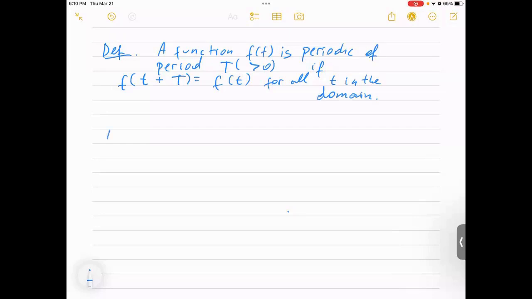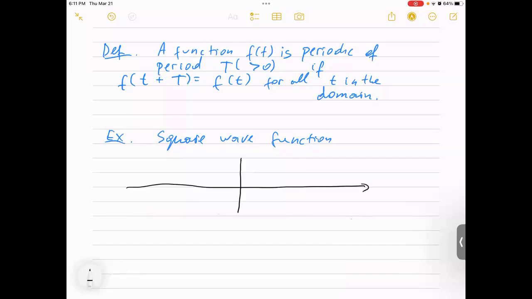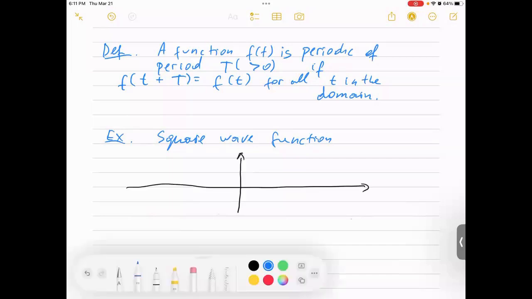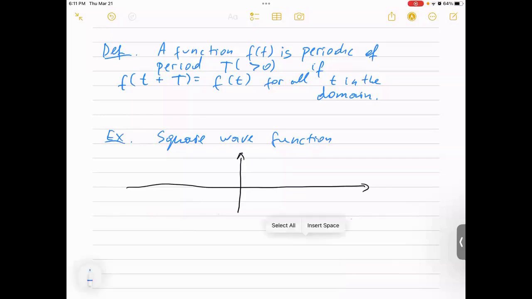Example, the square wave function looks like this: it's positive 1 from 0 to 1, then it's negative 1 between 1 and 2, then it's positive 1 between 2 and 3, and so on.